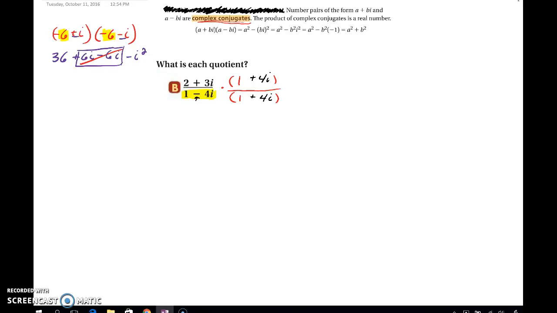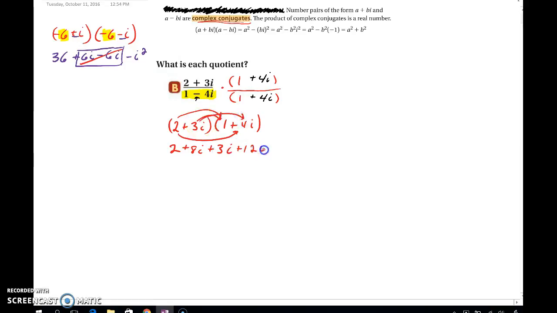So then we would just do our numerator times our numerator. So it's 2 plus 3i times 1 plus 4i, which will then give me 2 times 4i is plus 8i. 3i times 1 is plus 3i, and 3i times 4i is plus 12i squared.